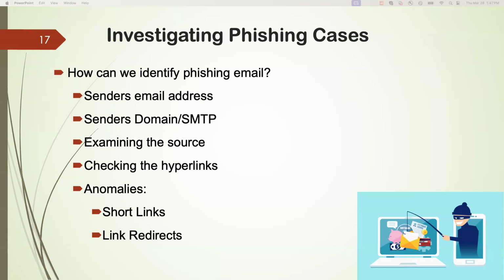They will give them the original link, but the link that you see in the email will be of that third party doing the market analysis on behalf of Chase. So when you click on that link, you are first taken to that third party's website, and from there you are taken to the original Chase website. By going through that momentarily, it gives them the data they need to do the market analysis. So these are the two anomalies: short links and link redirects.